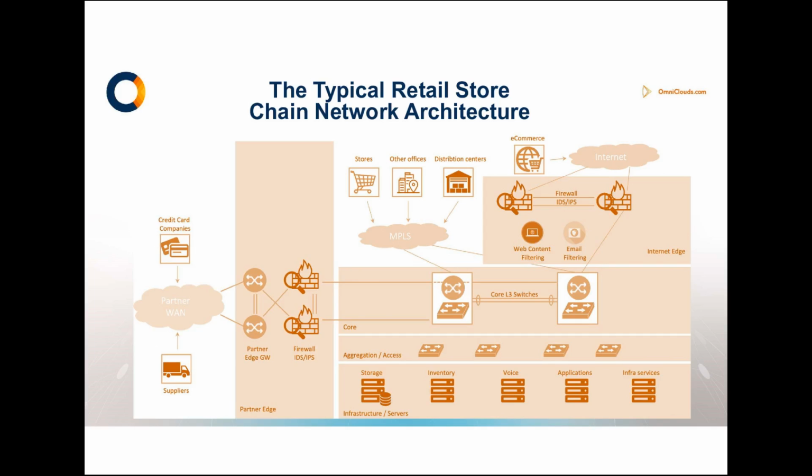After this, it gives access to the e-commerce, distribution centers, offices, and stores. And all of these, to be controlled and managed, need an MPLS, which is not practical to have in each single branch. Assuming that you have 200 or 100 branches, that is a very huge operational cost.